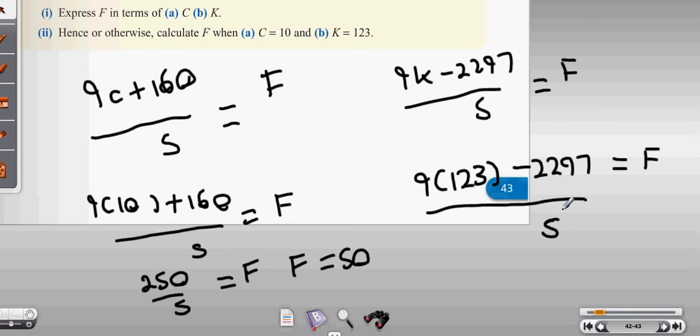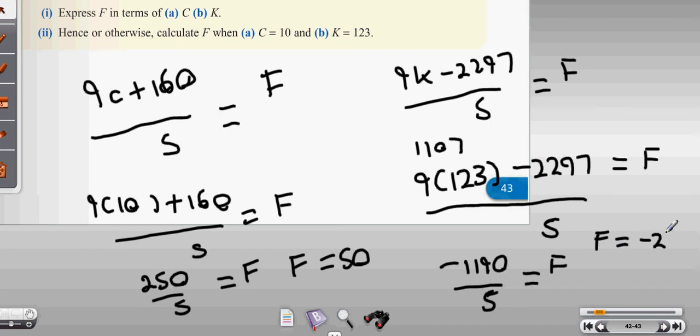So let's do this out. 9 multiplied by 123 is 1107. 1107 minus 2297 is going to give us minus 1190. We're going to divide this by 5 to see what Fahrenheit is. The answer for Fahrenheit is going to be minus 238 degrees Fahrenheit when Kelvin is equal to 123. Okay, and that's the end of that lesson.